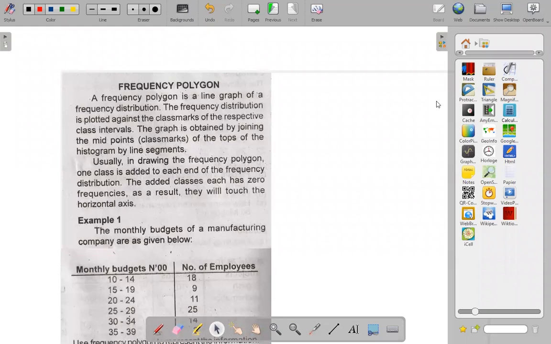In this lesson, we'll be looking at frequency polygon, which is another method of representing data graphically. Now, a frequency polygon is a line graph of the frequency distribution. In our previous classes, we looked at frequency distribution, which is also a method of representing data graphically.